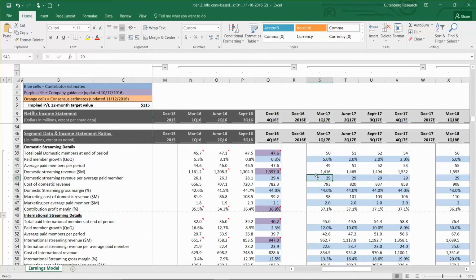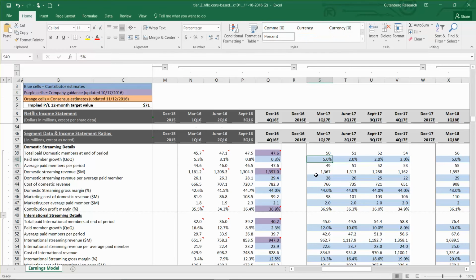If you want to take a bearish stance on Netflix, you could bring this down and say that maybe it's going to be $28 per member in March, then $26 in June, then $25 in September, and maybe then all the way down to $22 per subscriber in December. That would be a good bearish scenario.